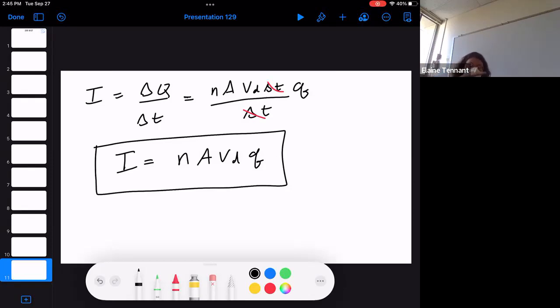And then that way, that'll give you an idea of what sort of current that wire is capable of carrying. Does that make sense? Okay, good.